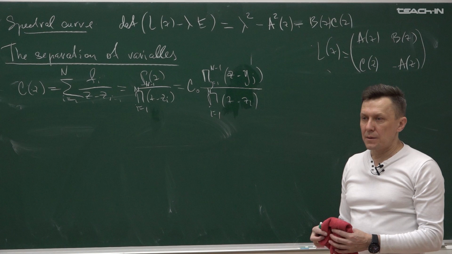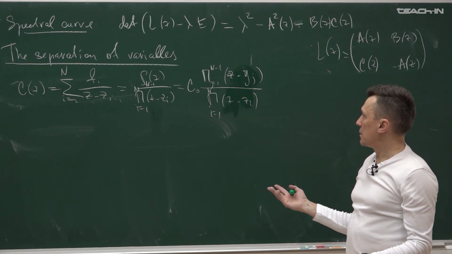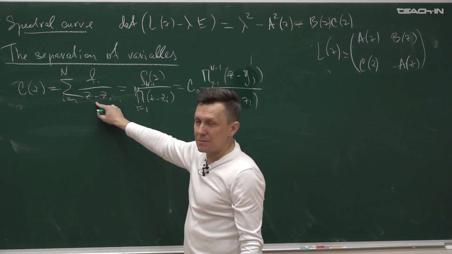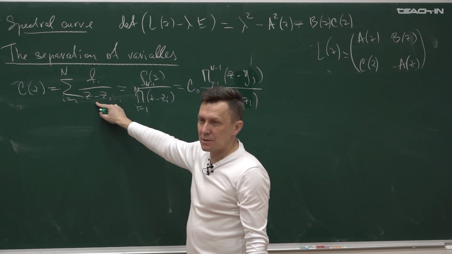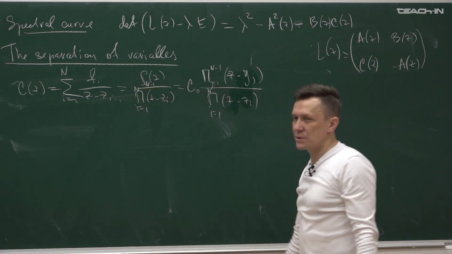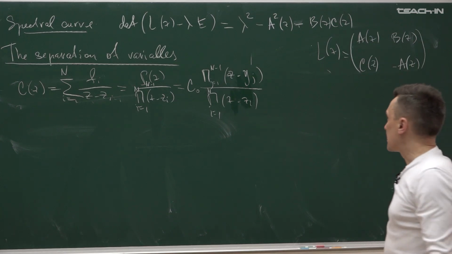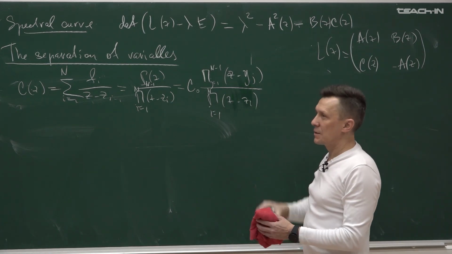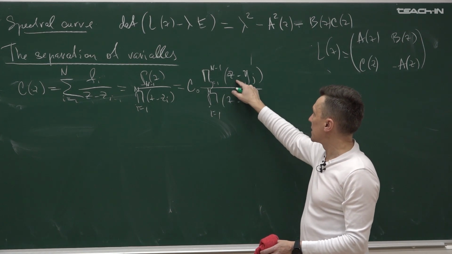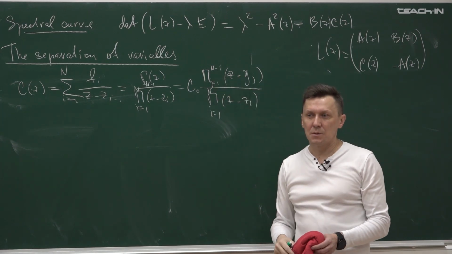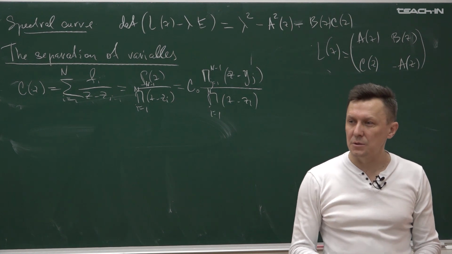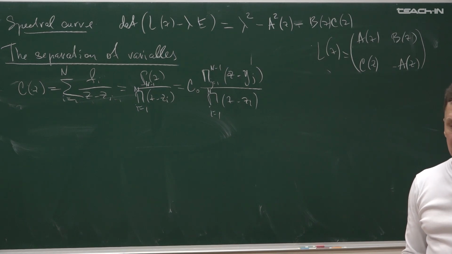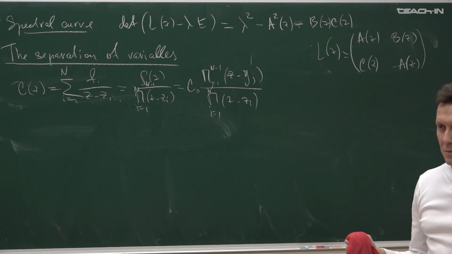Is this something that needs to be proved? I consider the sum of such rational functions. So it's a rational function of degree minus 1. So if I collect all the denominators in the denominator, here I get a polynomial of degree n minus 1. Does it need to be proved? No, you just expand it.